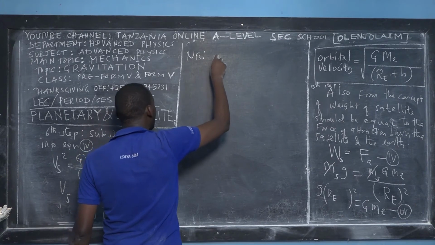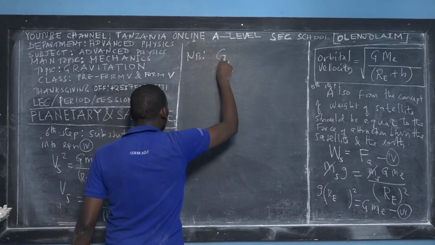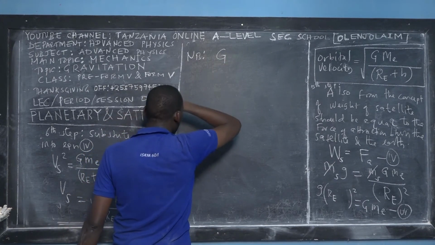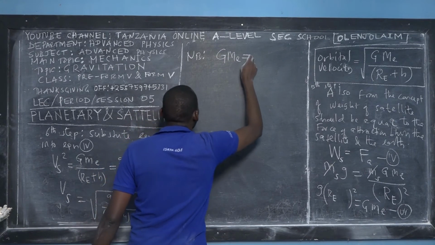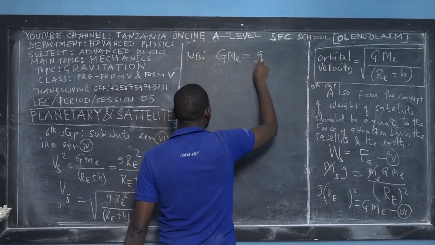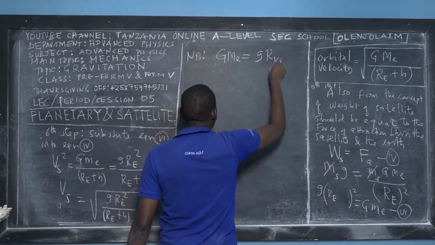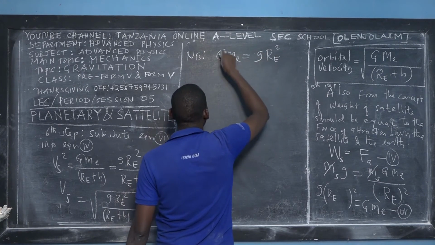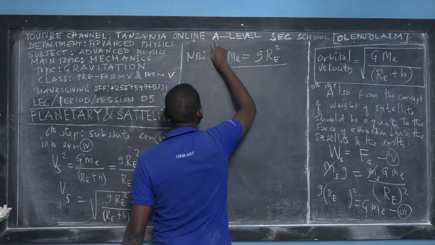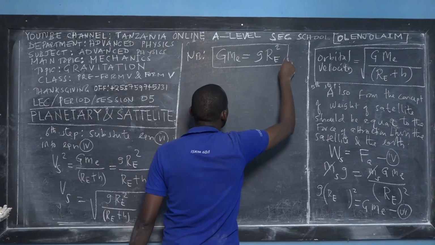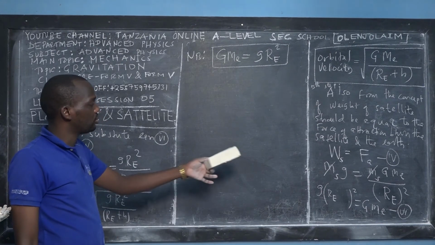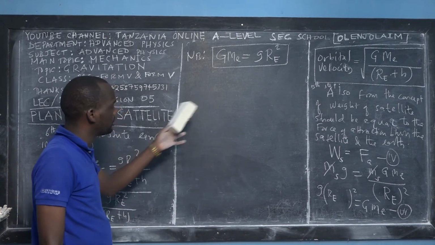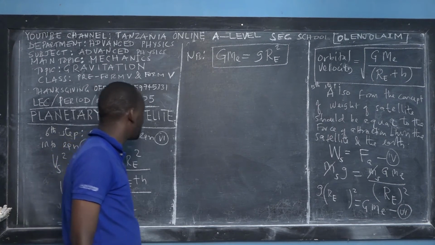In gravitation, you have to remember that universal gravitational constant times mass of the Earth is always equal to acceleration due to gravity times radius of the Earth squared. So bear this in your mind, please. Because if you know it, there's no need for you to derive it, but I have derived it to remind you, in case you forgot in the previous lecture.